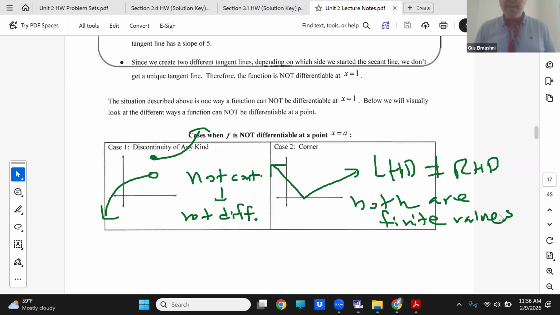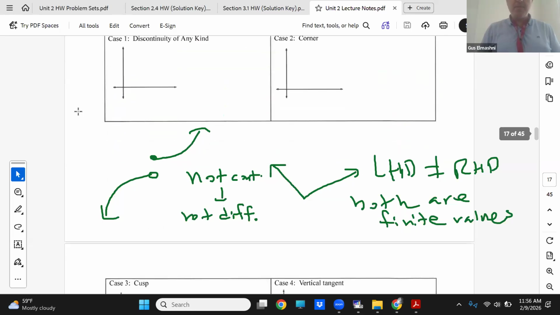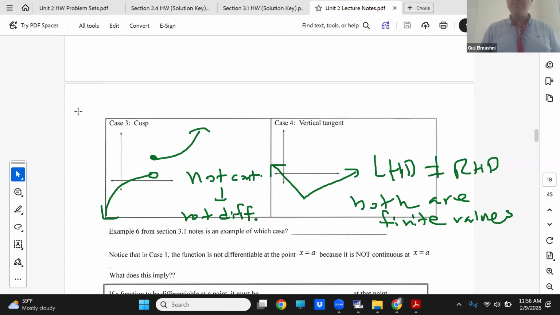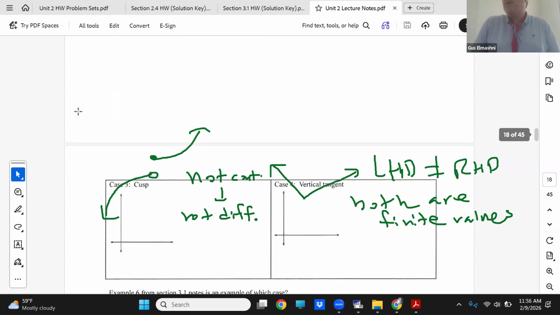There are always different things that could happen. That would be true for a corner. What if it's a perfect V? Doesn't matter, because it's still a corner. Like the absolute value, it's the same issue. Absolute value of x: the left side's negative x, the right side's positive x. Slope -1, slope +1. They're very different.